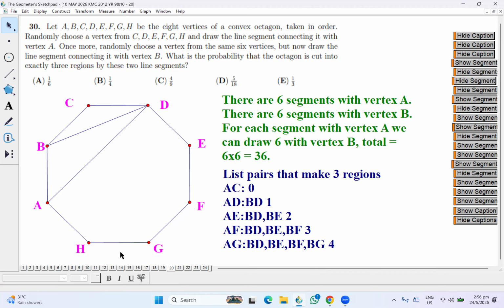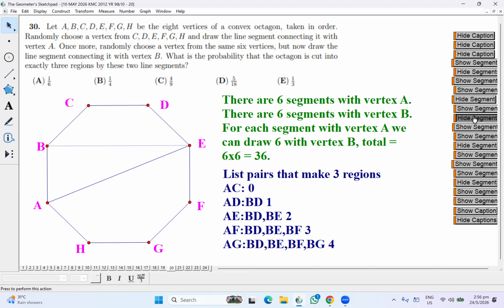The rest will cross. Then we go to AE. AE, only can join to BD and BE. On this side, all will cross. So 2 only. Now we can show this one can, or this one can.